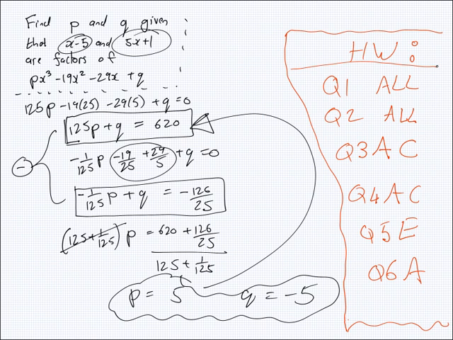You can do 125 minus 1 over 125. And that gives you that many p's. Now it's a big number, but so what? You have your calculator. So you have that many p's, and then when you do this minus this, that will be 620 minus 126 over 25. You get this big number. So you have something p equals something, and then you just divide.